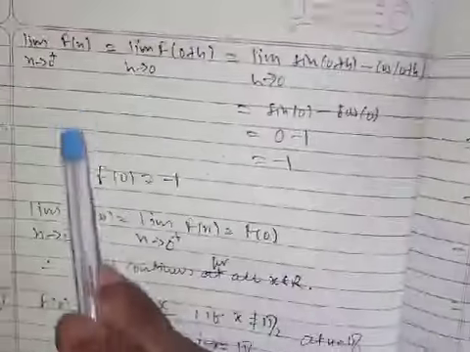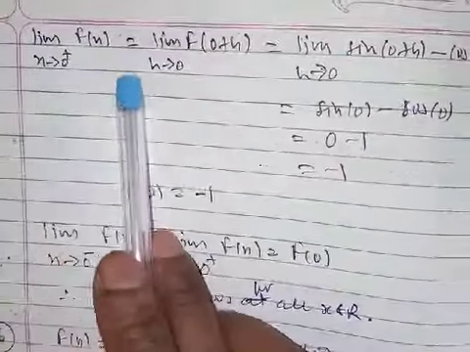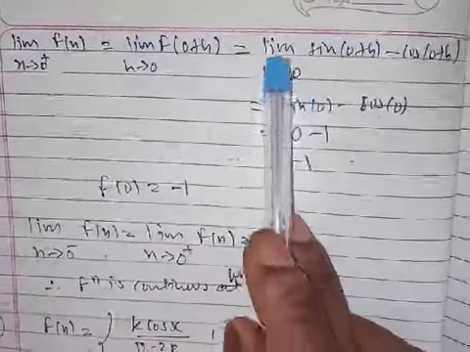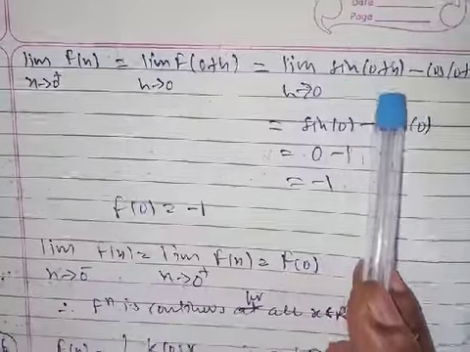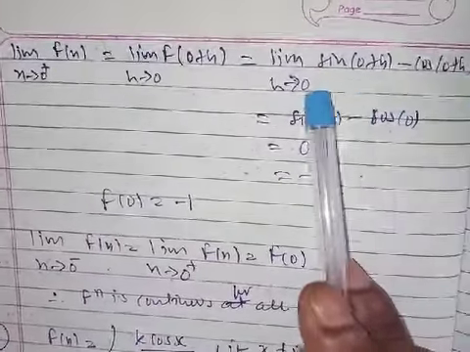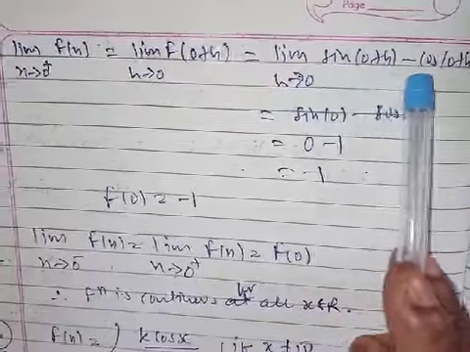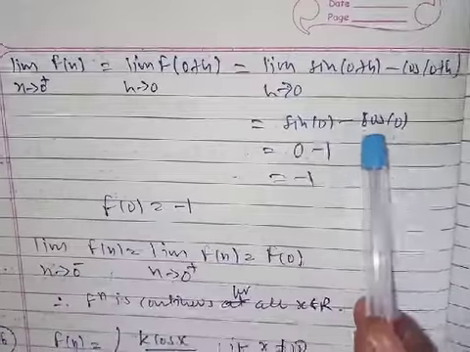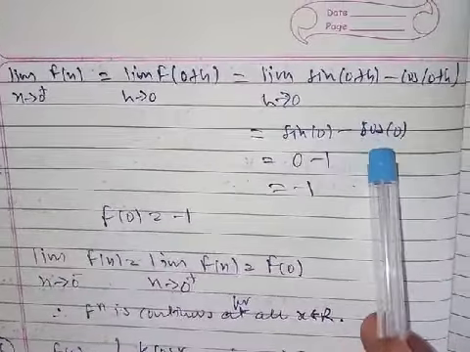Let's check for RHS. The limit as x tends to 0 plus of f of x is equal to the limit of f of 0 plus h. So the limit as h tends to 0 of sin of 0 plus h minus cos of 0 plus h. If we substitute the limit, what will we get? Sin 0 minus cos 0. You know cos 0 is 1.